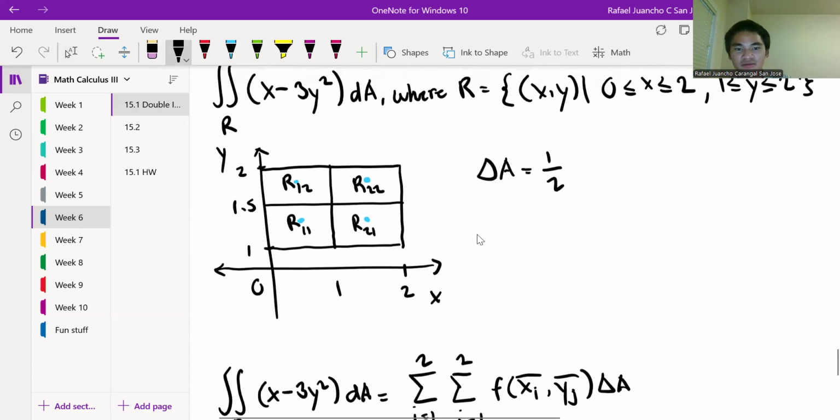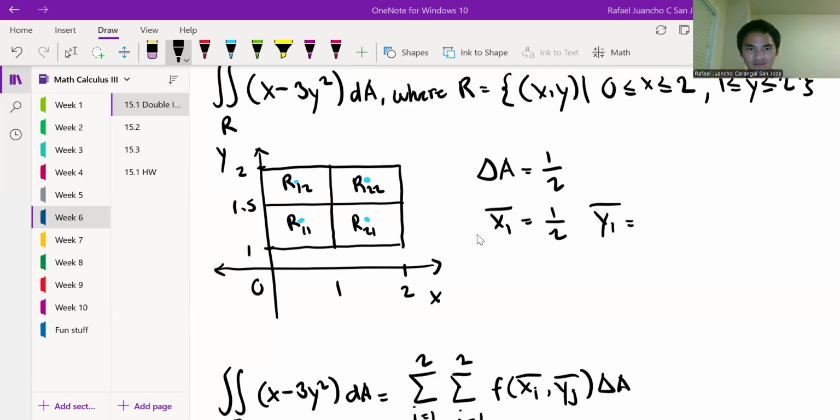So I actually have 1, 2, 3, 4 points. So I have x sub 1. Let's solve this. This is 1/2. And that means my corresponding y sub 1 is just 1 plus 1.5, that's 2.5, divide that by 2. So in this case, that's 5/4.